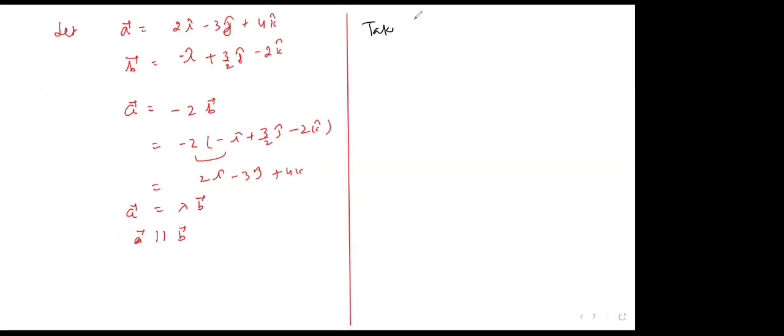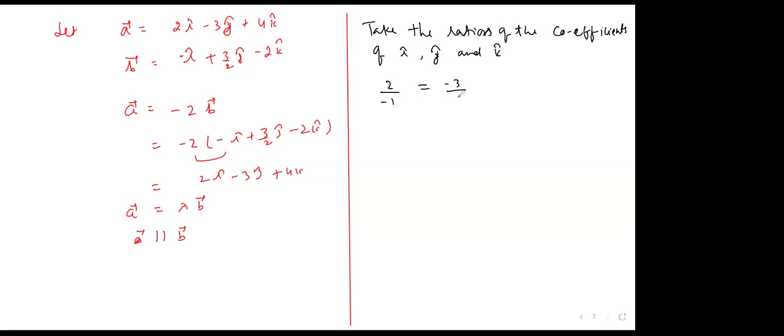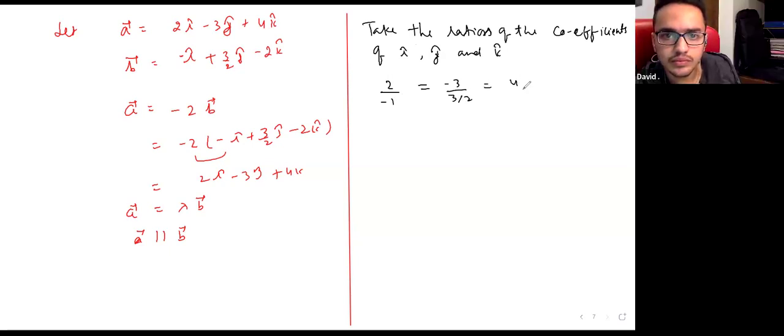Take the ratios of the coefficients of i cap, j cap, and k cap. So 2 over minus 1, and this equals minus 3 over 3 over 2, and this equals 4 over minus 2.